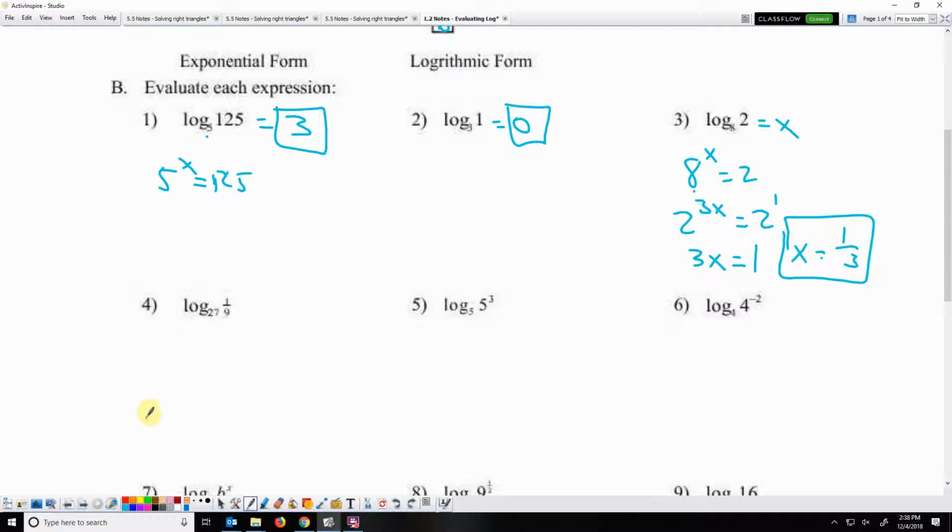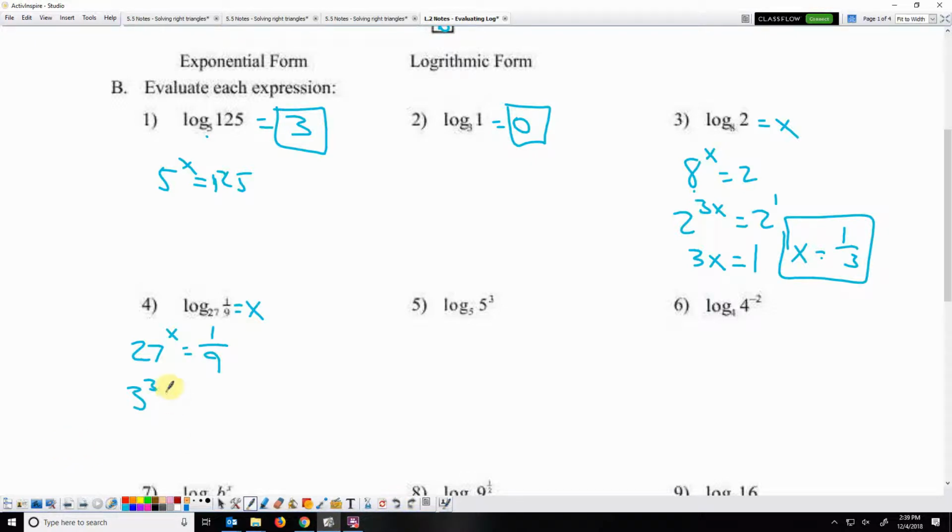27 to what power makes 1/9? I think this is another one that's easier to visualize if we set it equal to x and write it as an exponent. 27 to the x power equals 1/9. So I want to try to get these two in the same base. I could do a base of 3. 27 is 3 to the third power, so that is 3 to the 3x power.